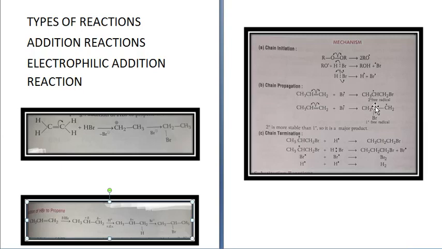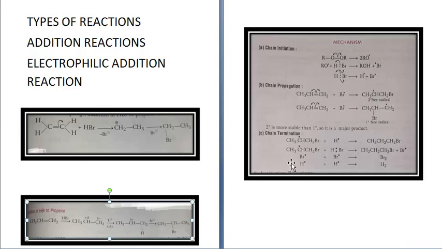Next one, CH3 CH double bond CH2 plus Br free radical. It is giving you CH3 CHBr CH2. Now this case it is 1 degree free radical because the free radical is on the first carbon. Now in these cases 2 degree is more stable than 1 degree. So mostly the 2 degree free radical is formed.